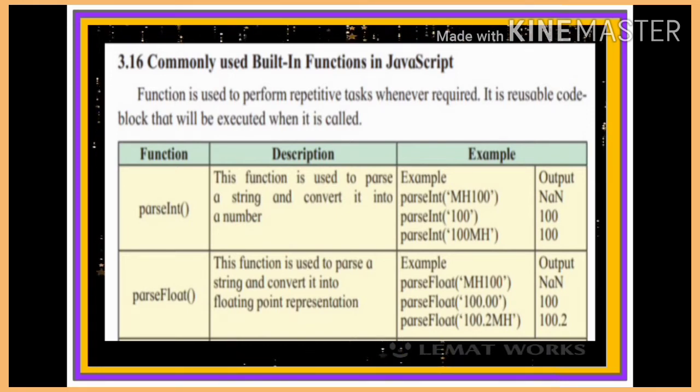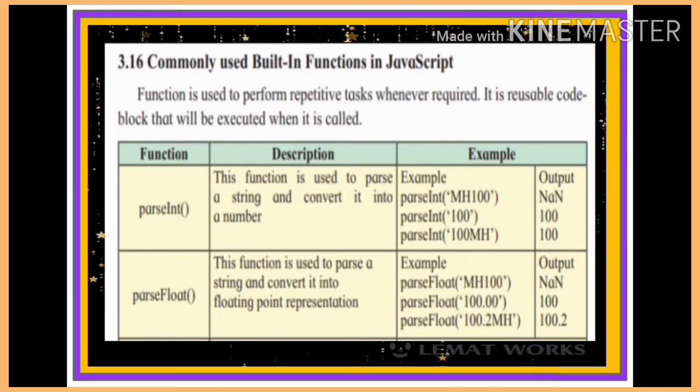First built-in function is parseInt function where I is capital. This function is used to parse a string and convert it into a number. For example, parseInt 100, then it returns 100. Second built-in function, parseFloat, where F is capital.